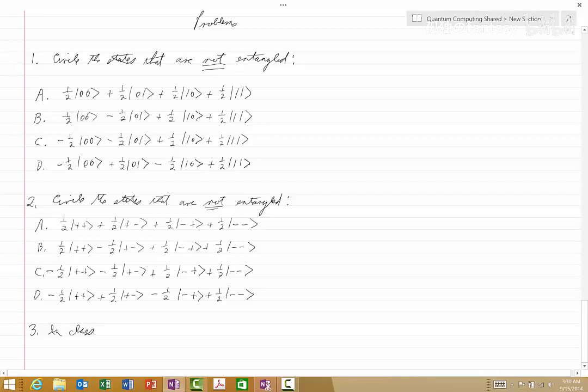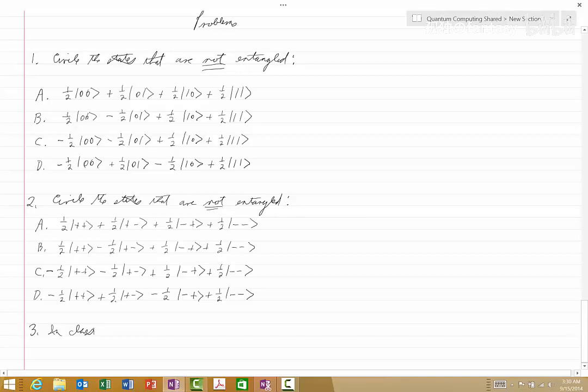And then again in 2, we circle all the states that are not entangled. In A, we have 1/2 plus plus, plus 1/2 plus minus, plus 1/2 minus plus, plus 1/2 minus minus. In B, we have 1/2 plus plus, minus 1/2 plus minus, plus 1/2 minus plus, plus 1/2 minus minus.